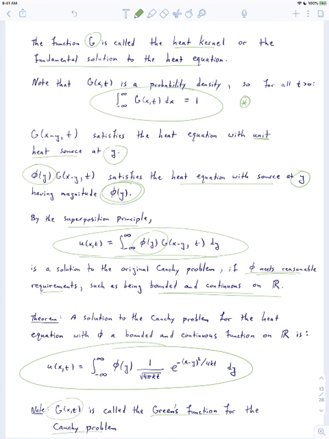So any of these names can be applied: the Green's function, the heat kernel, or the fundamental solution. But whatever you want to call g, it enabled us to find a solution to the Cauchy problem for the heat equation. This is the pure initial value problem for the heat equation on an unbounded domain, meaning all of the real line.